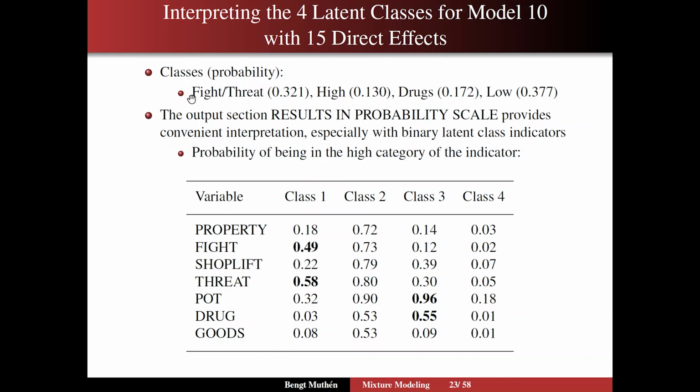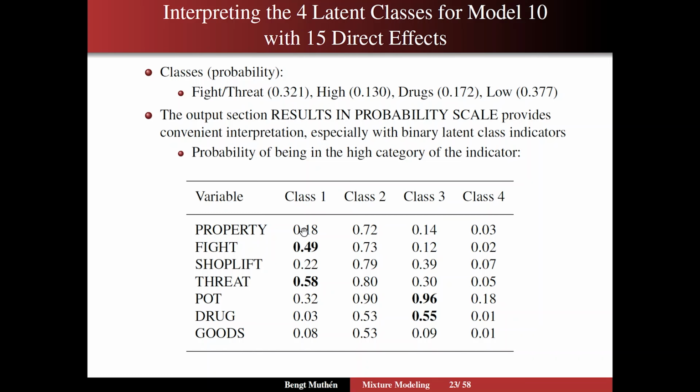The classes are fighting, threatening, high on all the indicators, high on drug indicators, and low on all the indicators. I use the output section results in probability scale, which is useful especially for binary latent class indicators. It's the probability of being in the high category of the indicator, that is, you have experienced this.